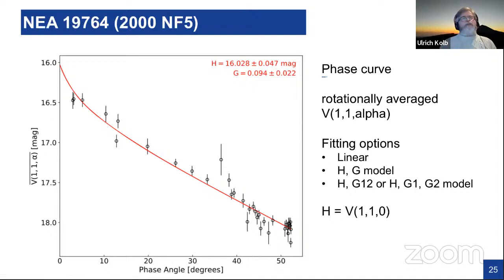This just demonstrates that an instrument like ours at the time was capable of producing a very sensible looking phase curve in this way. And these data points are rotationally averaged, okay, which obviously introduces a further photometric uncertainty in the game. Right.